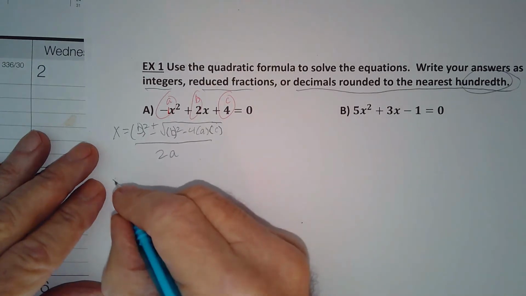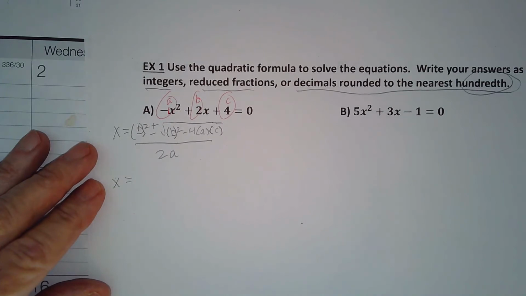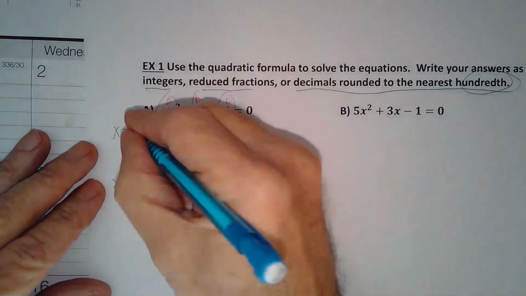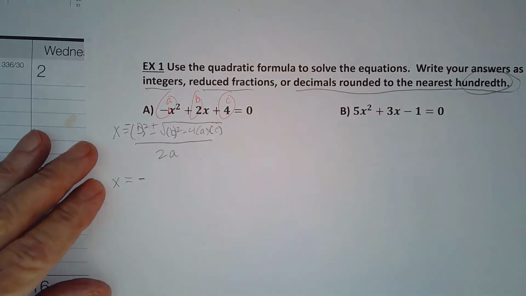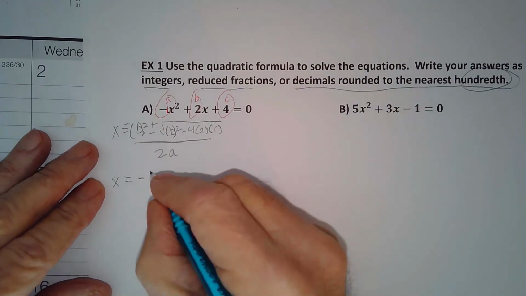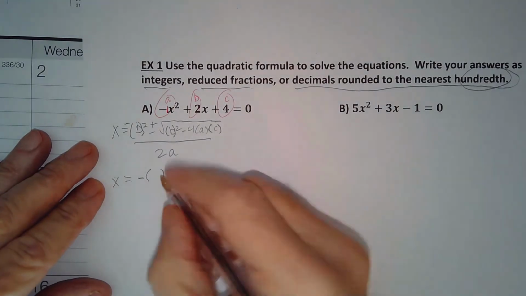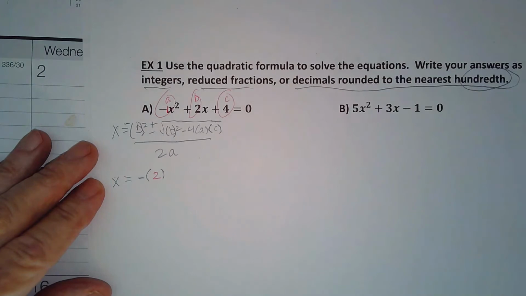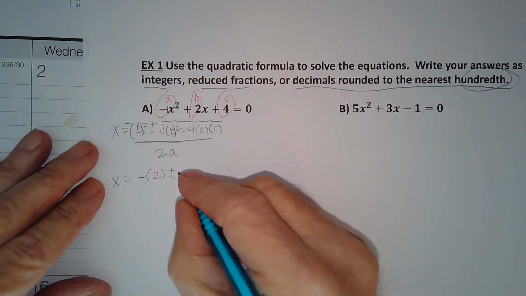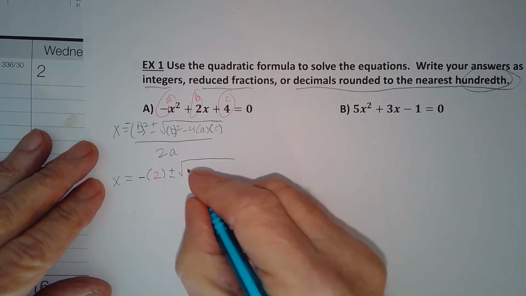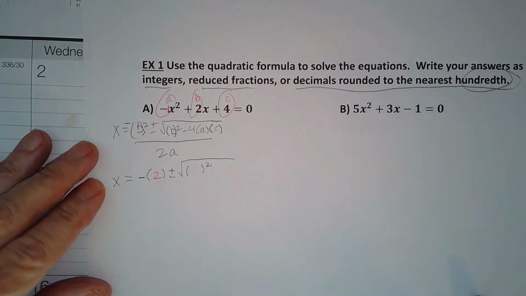So let's fill this in. So x equals, and then I want the opposite, and I forgot the opposite. Opposite goes over here. So I want the opposite of, what's the b? 2. So the opposite of 2, that'll become negative 2, obviously. All right? Plus or minus the square root of, and I'll put the b in here, and it's going to be squared, and b again is 2.